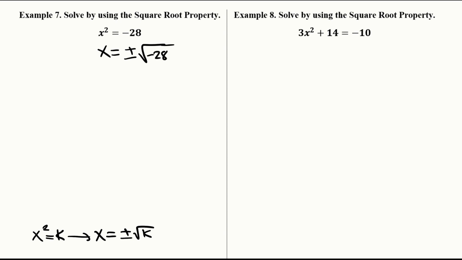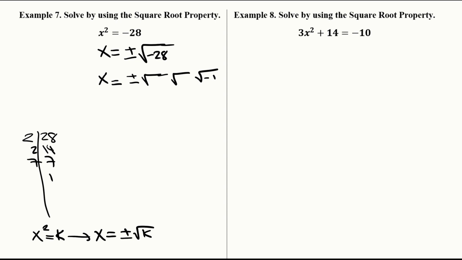And we will, of course, simplify that. So we get x equals plus or minus square root of, this time we'll break it up into 3 radicals. We'll reserve the last one for -1. And we, of course, if we look at 28, we know that 2 goes into it 14 times, another 2 goes into it 7 times, and 7 goes into it 1 time. On the left, we have the prime factorization.